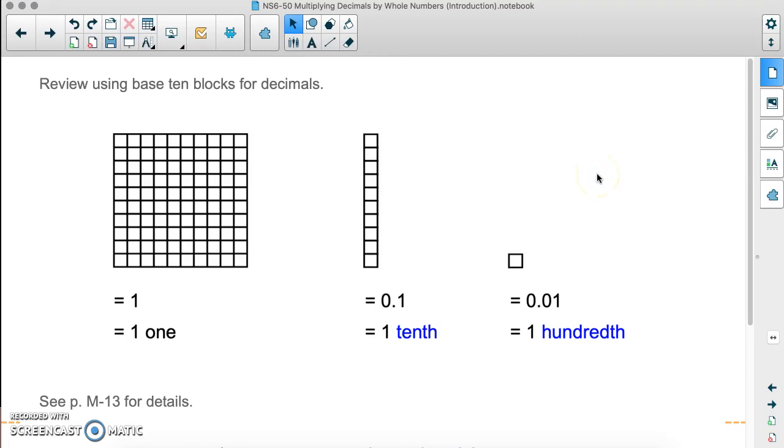So let's just take a review of how we're using our base 10 blocks. In the context of decimals, we're now using the hundreds block as a ones block. One column or a row of the ones blocks is now a tenths block, and one unit of the tenths block is now a hundredths block. Okay, so we have 1, 1/10, 1/100th.